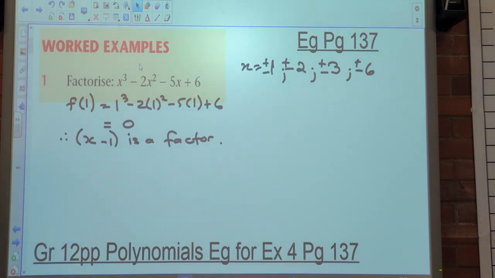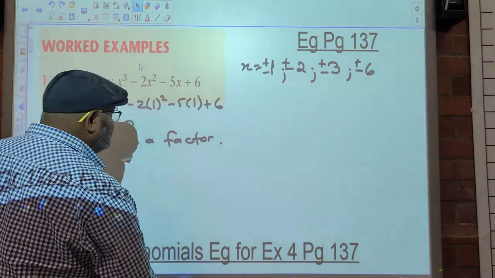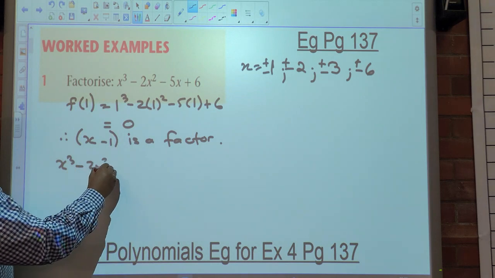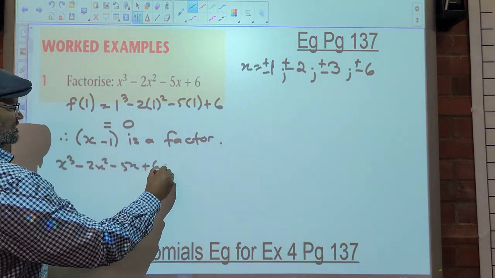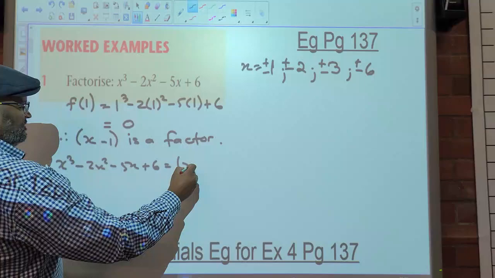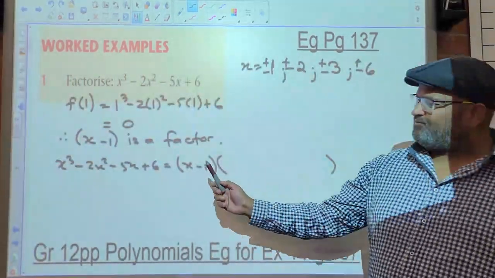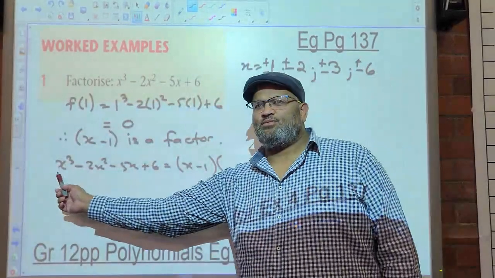The next step was to determine the quadratic factor. Not so. So what we do is we say we've got x cubed minus 2x squared minus 5x plus 6 is equal to the linear factor, which is x minus 1, into. So we ask ourselves, okay, x multiplied by what is x cubed?